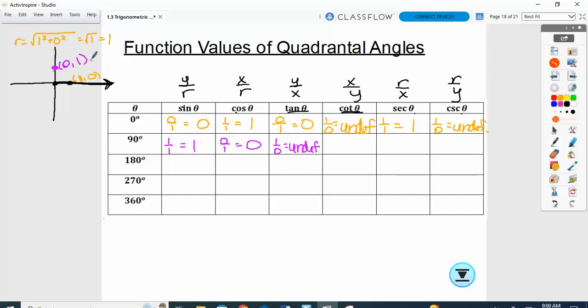Cotangent, x divided by y, so 0 divided by 1 is 0. Secant, r divided by x, so 1 over 0 is undefined. Cosecant, r divided by y, so 1 over 1 is 1.